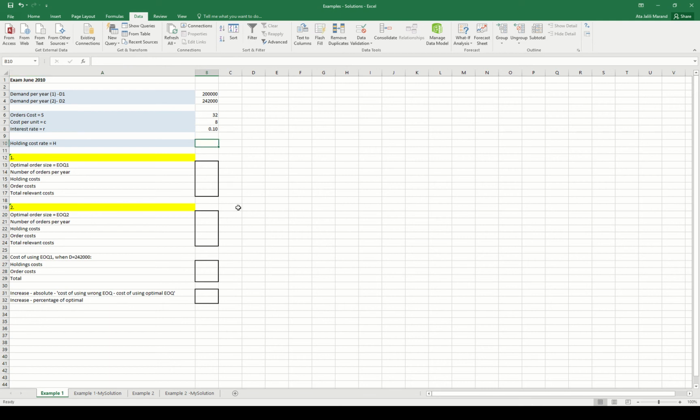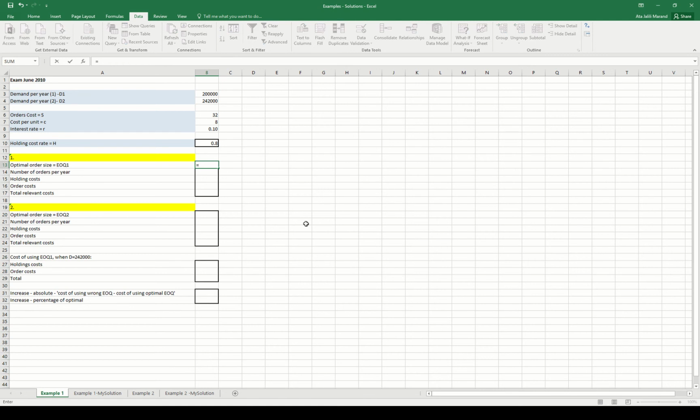To calculate H, I need to multiply the item purchase cost, or cost per unit of item, by the interest rate. So it will give me the holding cost per unit of time, per unit of item. So I have H, I have S, I have D, so I can calculate the order size, or economic order quantities.